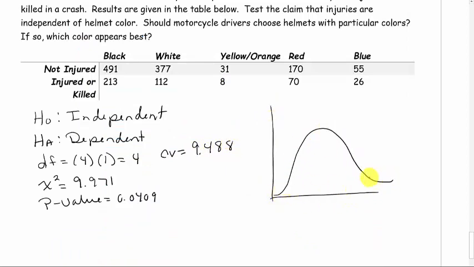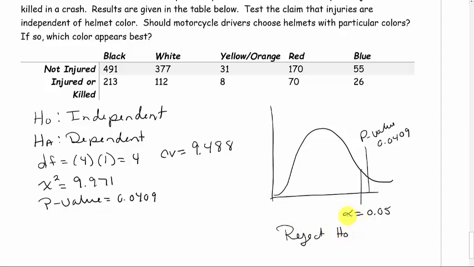Making a graph, alpha we're assuming is 0.05. Our p-value is 0.0409. Based on this, we will again reject the null hypothesis.